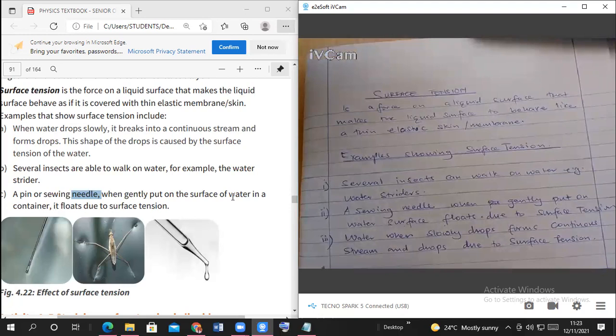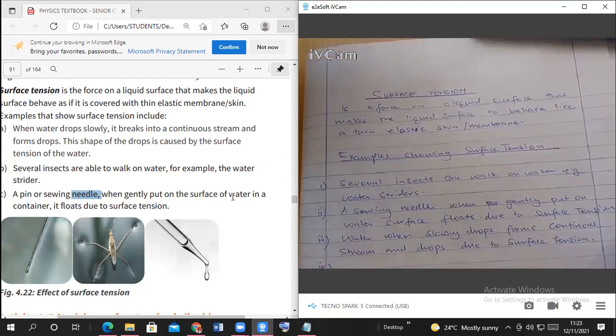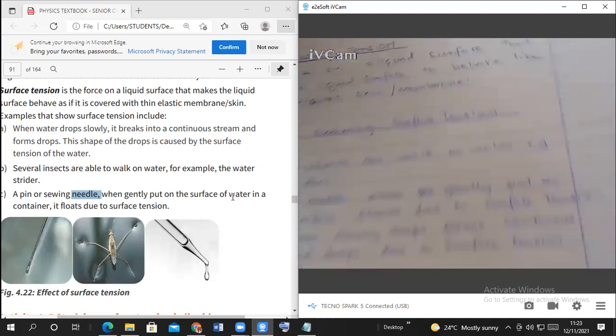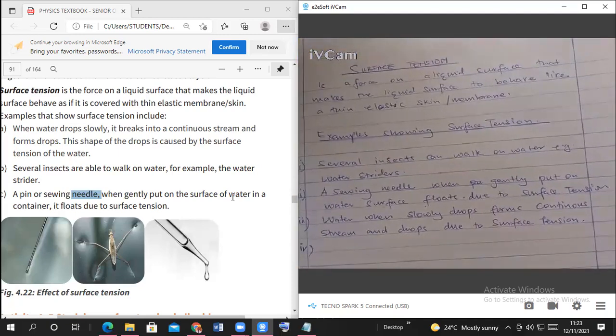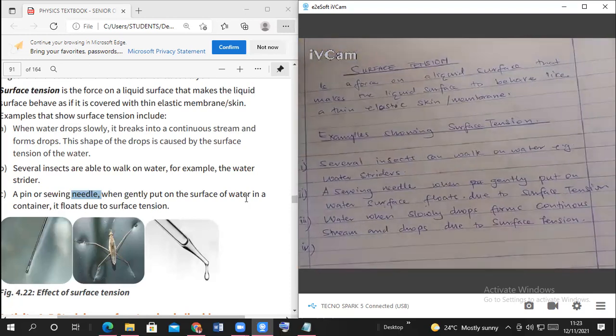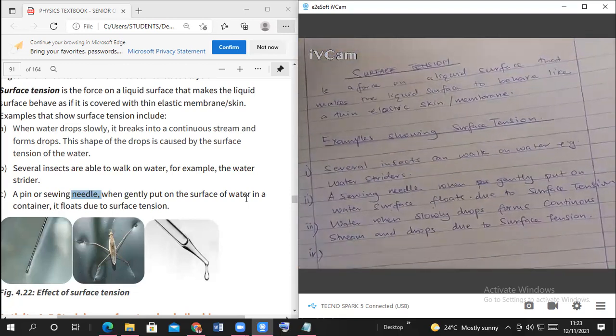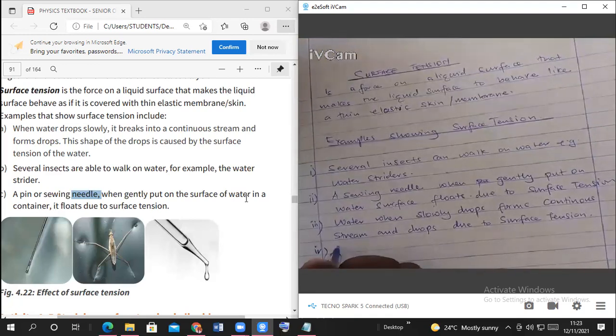And there is also another example. If you don't put a needle, what can you put on a water surface? Guess. Yes, Sean? A coin. You can place something that is not very heavy because the surface of water just behaves like a thin elastic membrane. So you can place a razor blade.